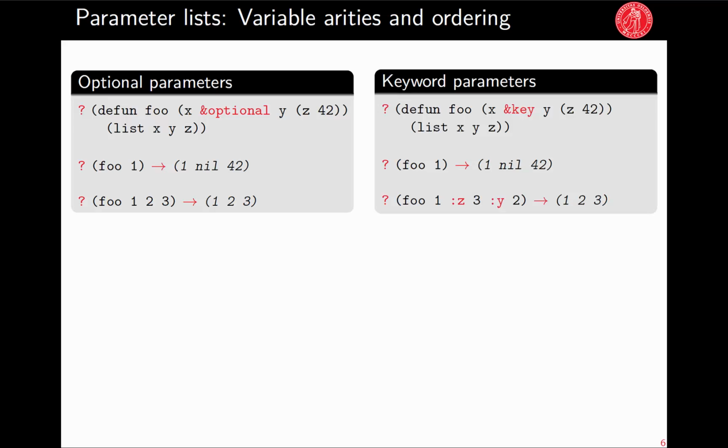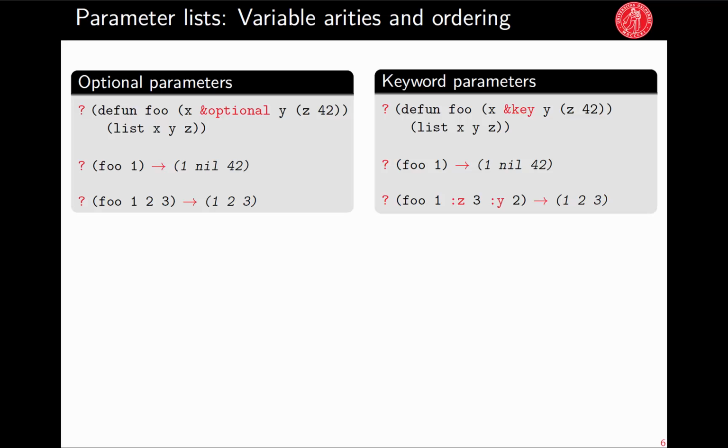Alternatively, we can also make such optional parameters named using what we call keyword arguments. For optional arguments, we use this syntactical keyword here, ampersand optional. For keyword parameters, we use ampersand key in the parameter list.